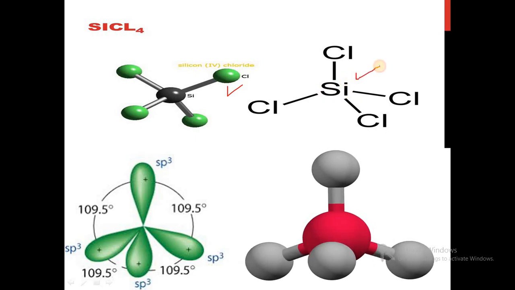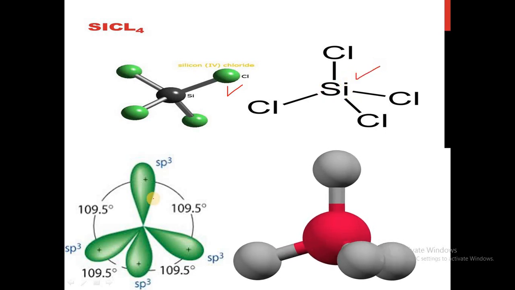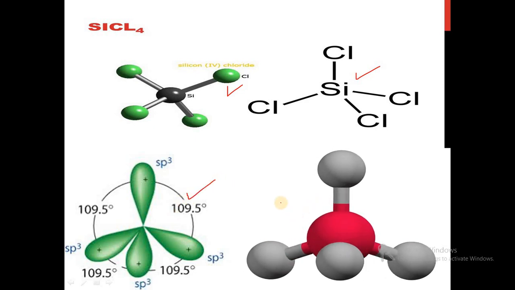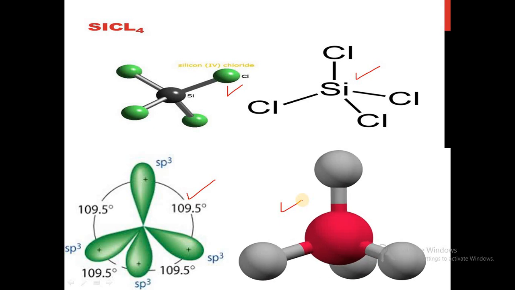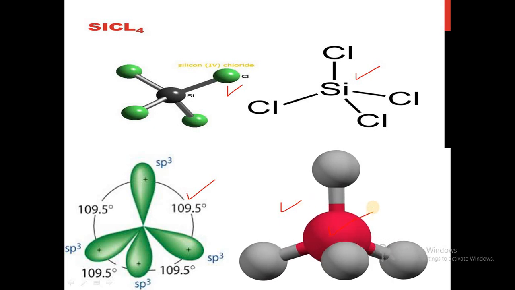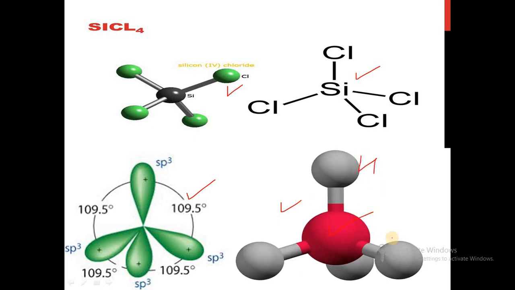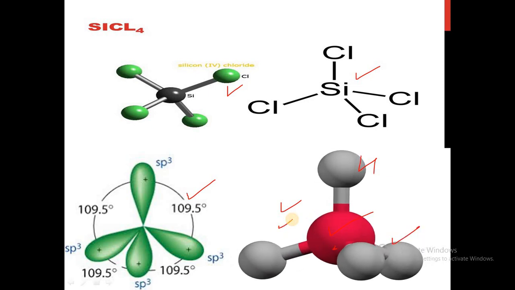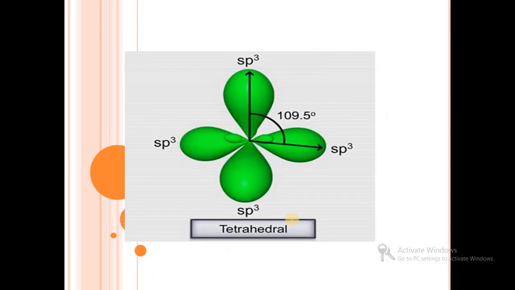This is the tetrahedral arrangement of silicon tetrachloride, and the bond angle is 109.5 degrees, and this is the 3D image of silicon tetrachloride. The central silicon is surrounded by four chlorine atoms. So silicon tetrachloride has sp3 hybridization, bond angle 109.5 degrees, and tetrahedral geometry.